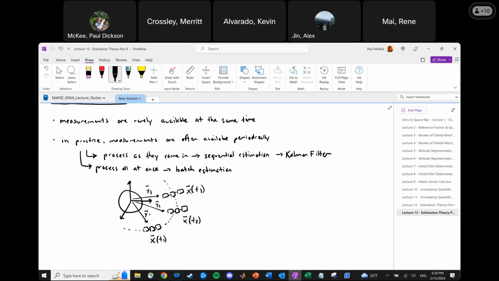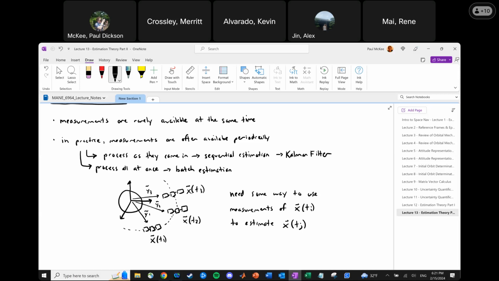So we need some way to use measurements of x at ti to estimate x at tj. That's my point. Where i and j don't necessarily matter, but we need to be able to use measurements at some time to estimate the state at some other time.